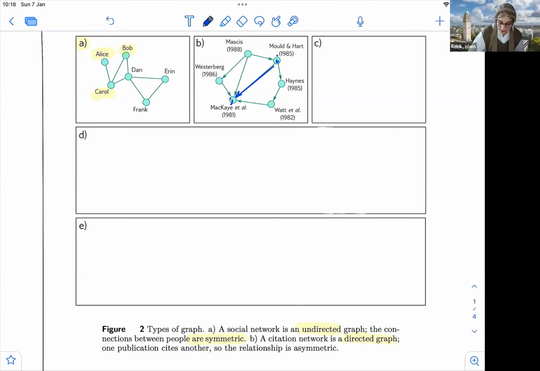So in this example, this is a citation network. You can see a bunch of papers here. Each node represents a research paper, and the edge encodes that one publication cites the other. Let's read this together. You can see here that this paper has cited 3 other papers.